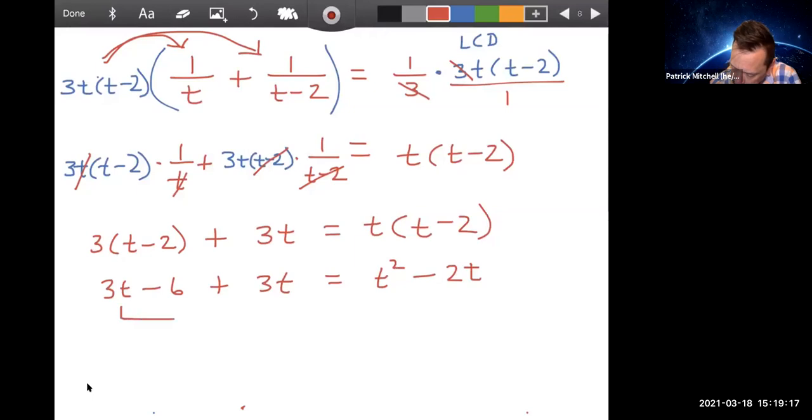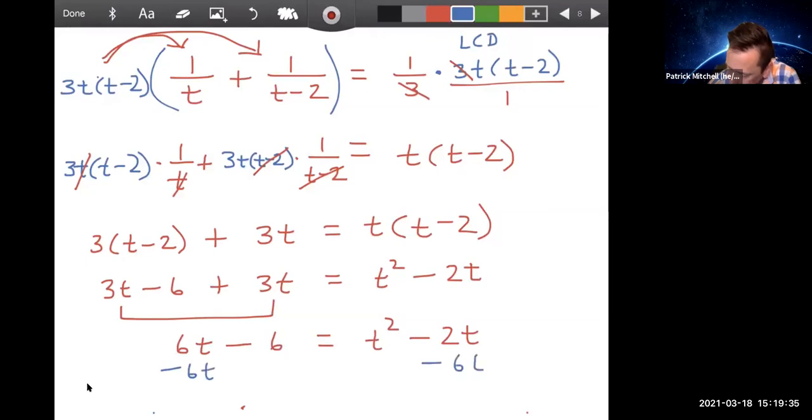First, I'm going to combine these like terms. That's going to give me 6t minus 6 equals t squared minus 2t. All right, and now I'm going to put everything on one side by subtracting 6t from both sides. Notice I'm putting everything on the right side.